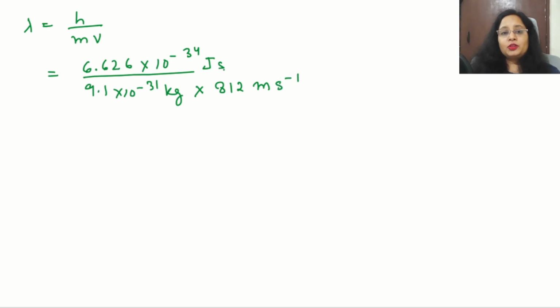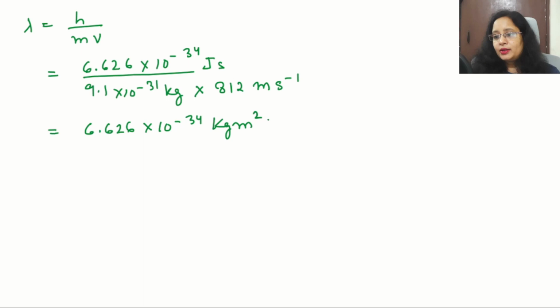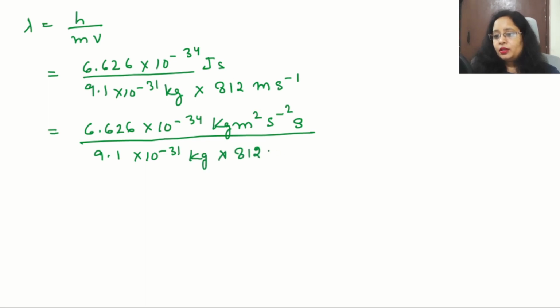Now again in place of joule we will write kilogram meter square per second square. So it will be 6.626 into 10 to the power minus 34, now kg meter square second minus 2, and already 1 second is here, divided by 9.1 into 10 to the power minus 31 kg multiplied by 812 meter second minus 1.